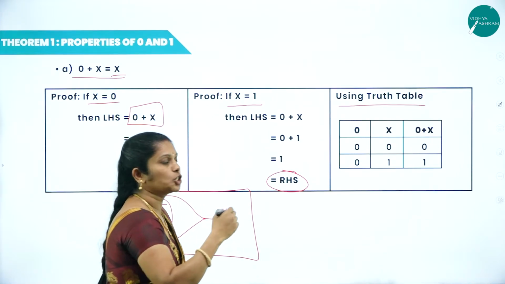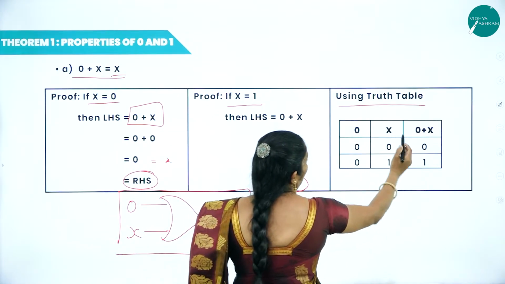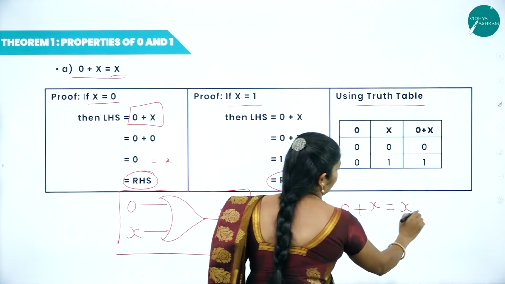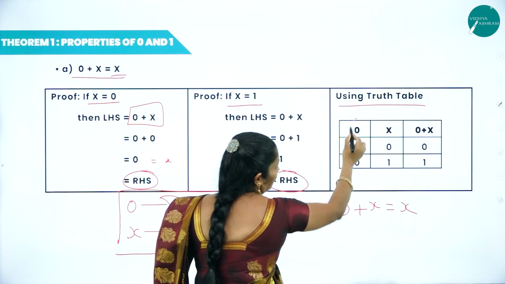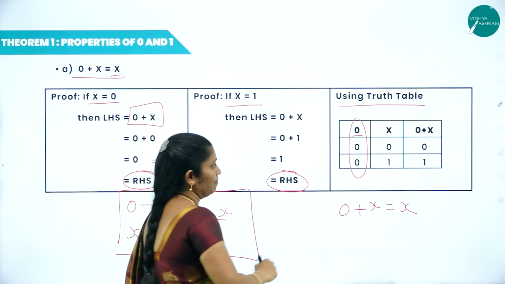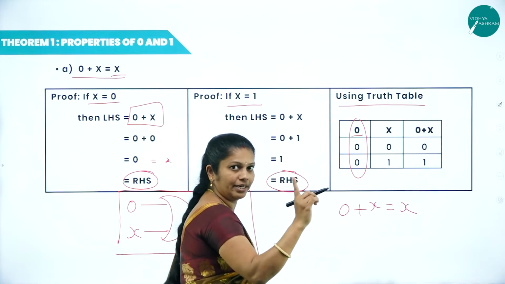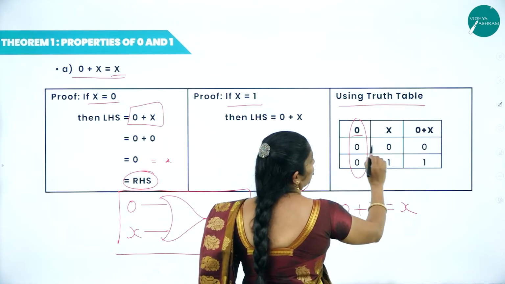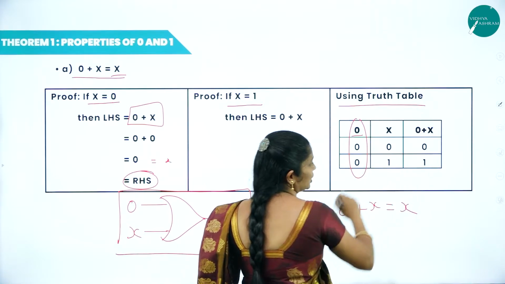Then what do you mean by this truth table method? Here we have the equation 0 plus x equals x that we have to prove. Then in the first part we will take 0 here. 0 means all the inputs are 0 only. Then x, only one variable here we have. That's why 0 and then 1. 0 plus x, here 0 plus 0 is 0. 0 plus 1 is 1.